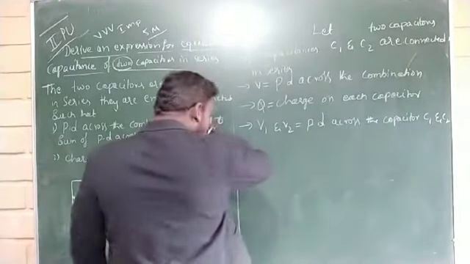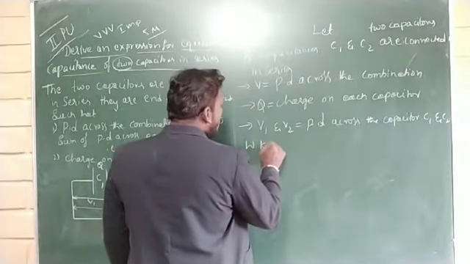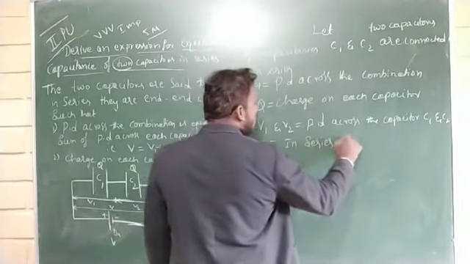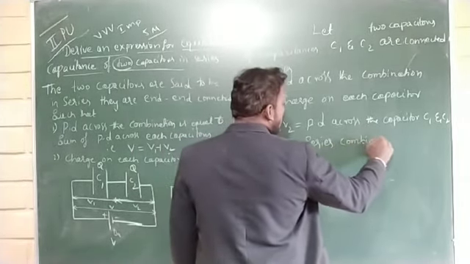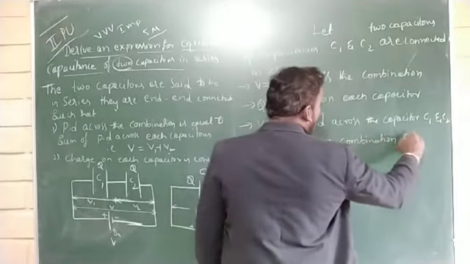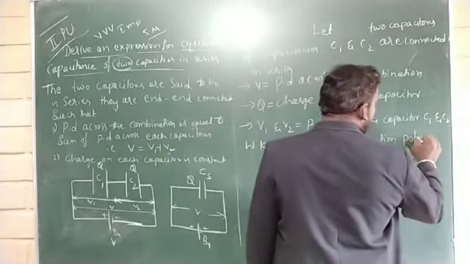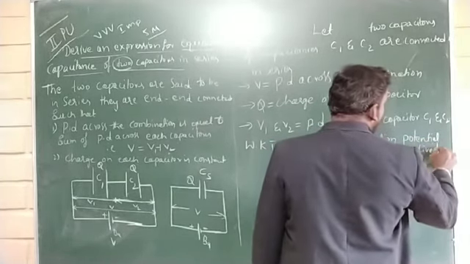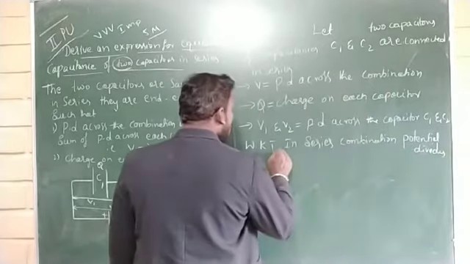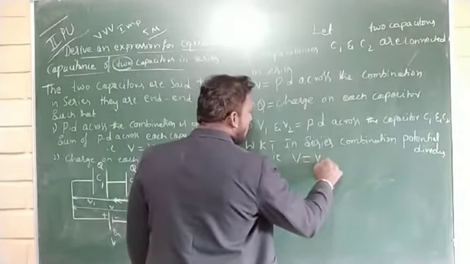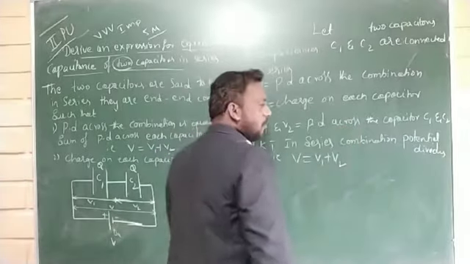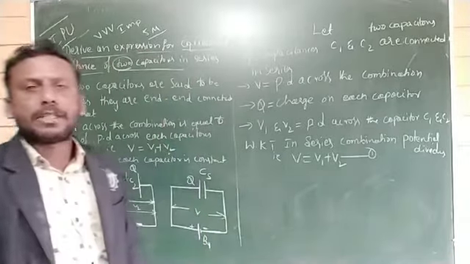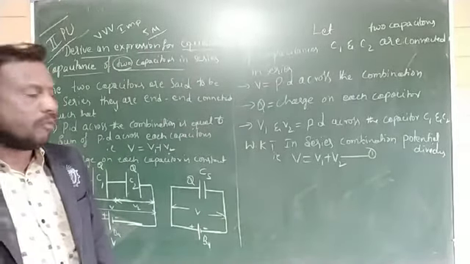After that, we know that in series combination, potential divides, that is V is equal to V1 plus V2. Call it equation number 1.